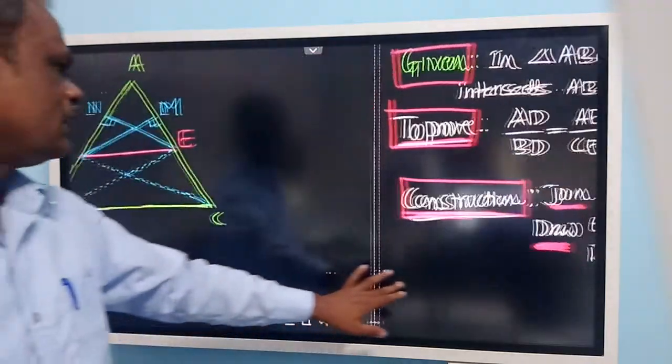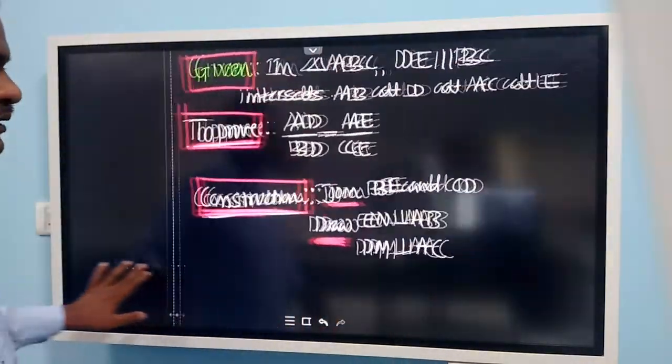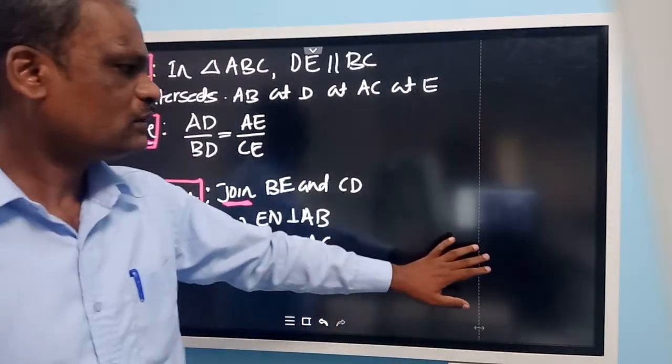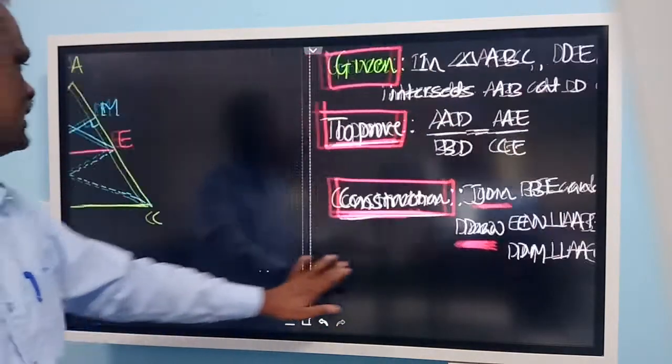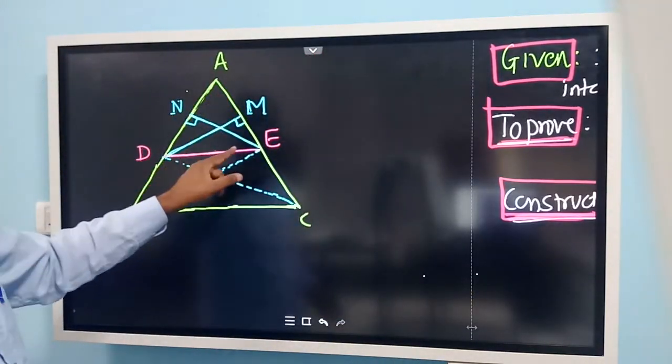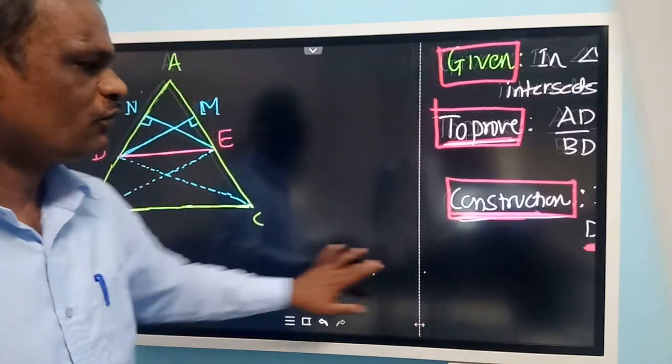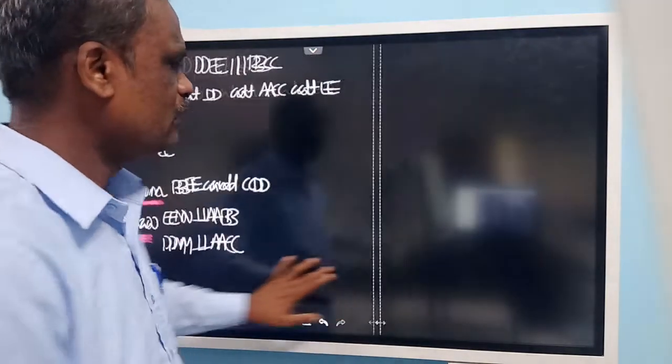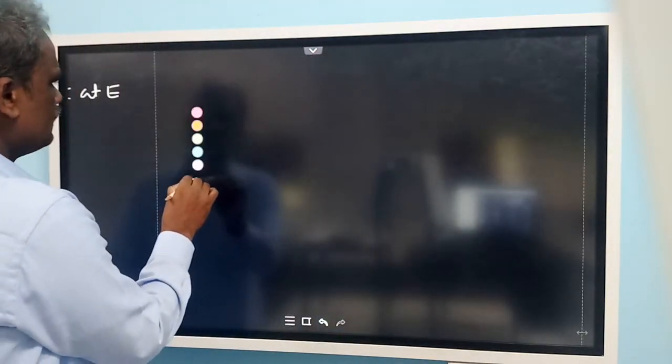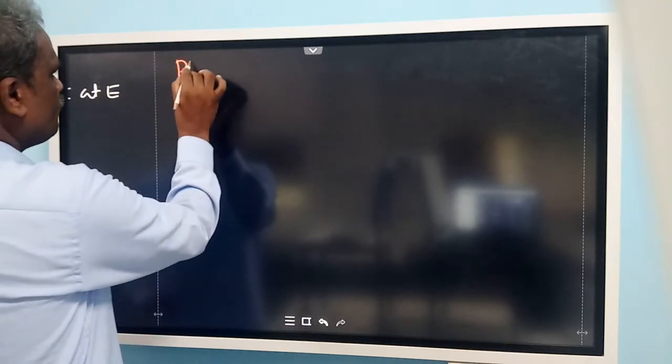So why do we need perpendiculars? To find the area. So area of a triangle, you know. So let us write this. What is the area of triangle ADE here? So in the proof, let us write in proof. We'll go to the proof now.